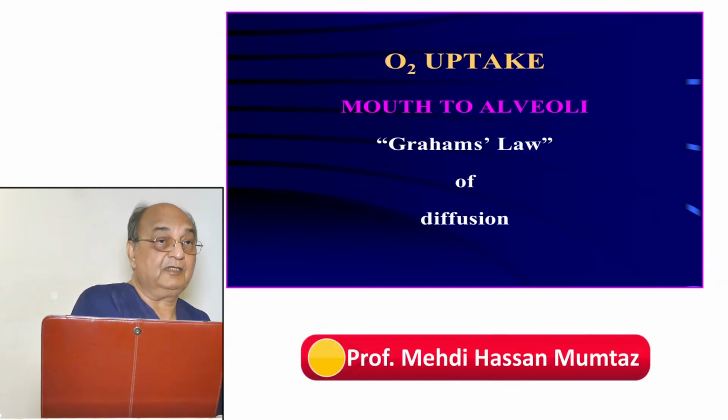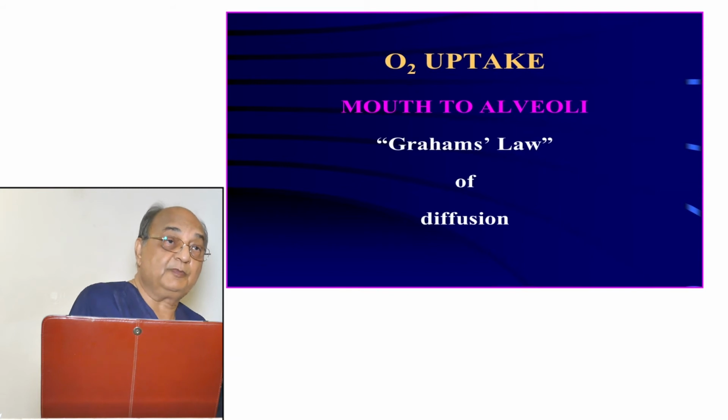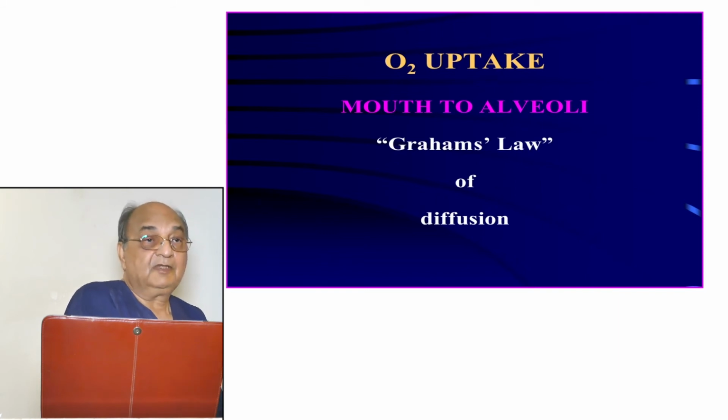According to this physics law, in addition to pressure gradient, diffusion in a gaseous media is inversely proportional to molecular weight. Molecular weight of oxygen is 32, molecular weight of carbon dioxide is 44. It means oxygen is quicker diffusible through the gaseous media as compared to carbon dioxide because it is inversely proportional.